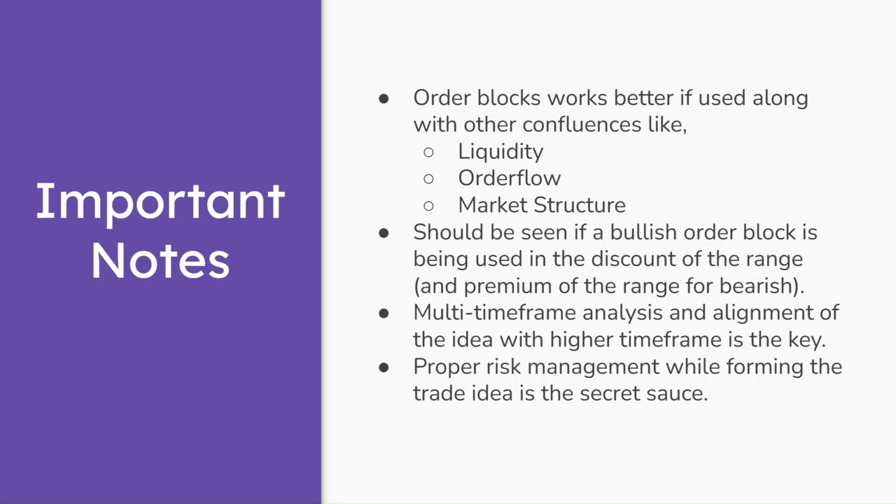And if you are trading bullish order blocks, you want to be looking for order blocks inside the discount of the range, and similarly goes for looking for bearish order blocks in the premium of the range.